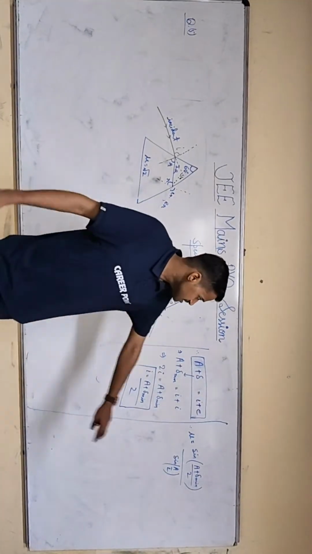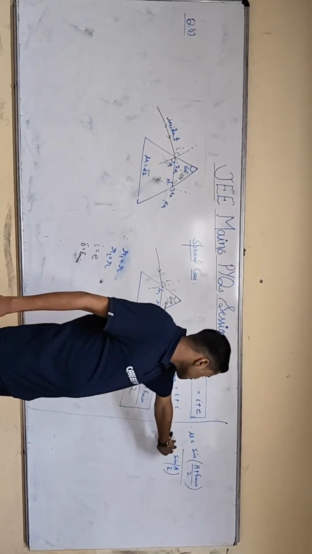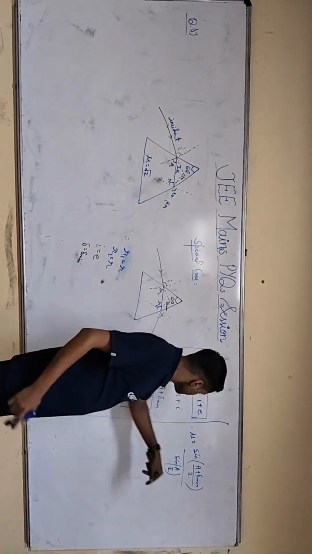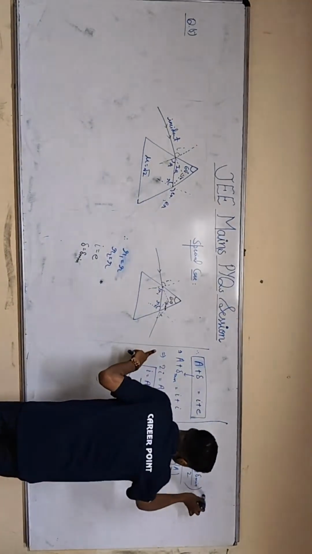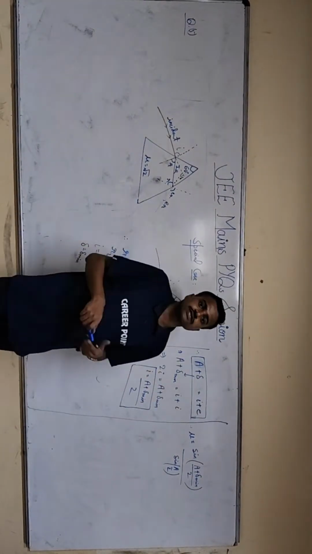Because if we change this format now, there is no term of angle of incidence. So if you find the value of the magnitude of this entire term, it automatically equals the angle of incidence.